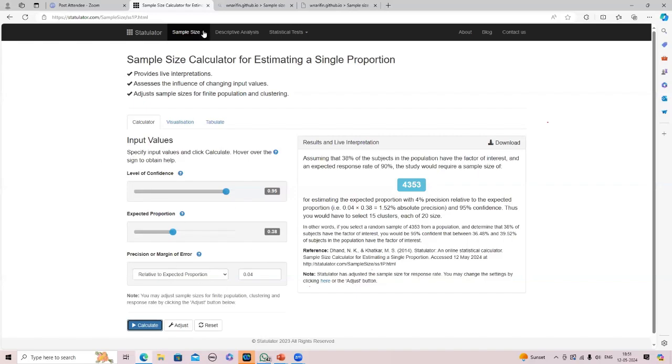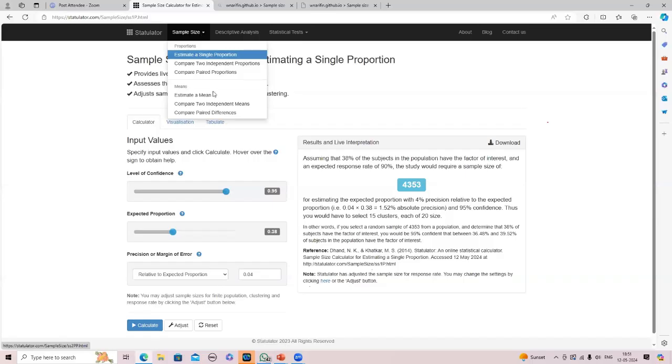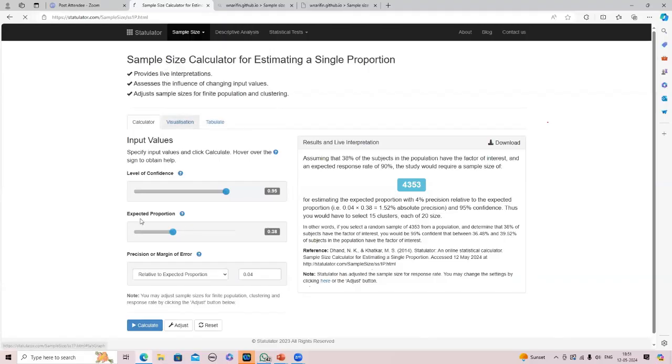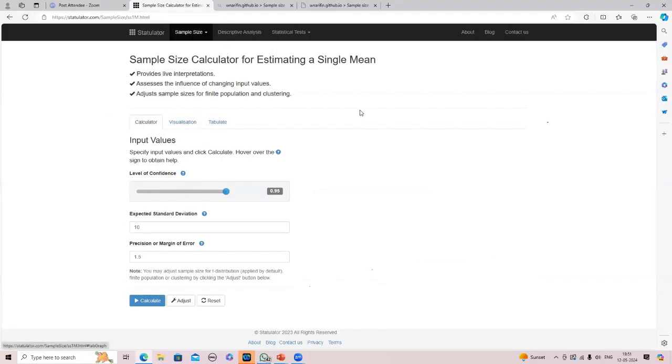Now we come to the estimation of sample size for the mean. So click on estimate of mean, and this type of screen will appear. You have to put the input values: level of confidence first, 95%. Then you have to enter your expected standard deviation and your precision or margin of error.